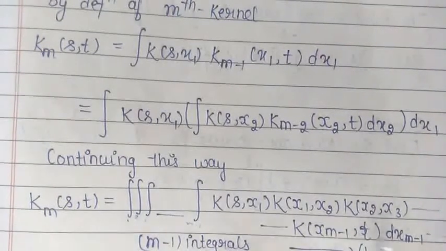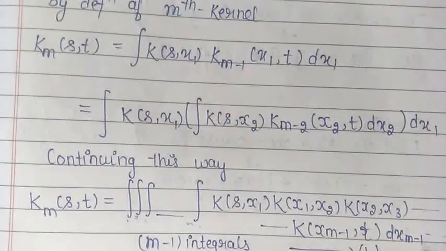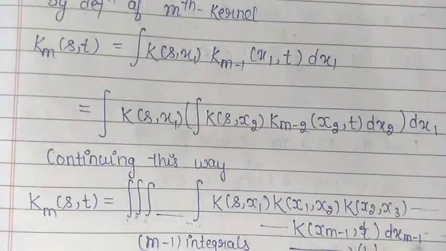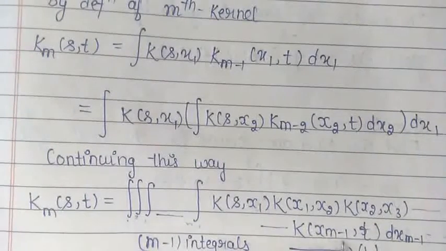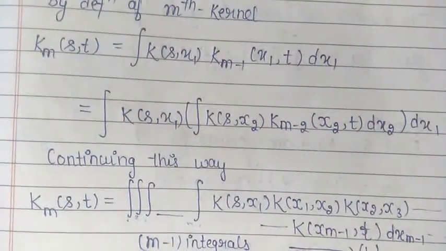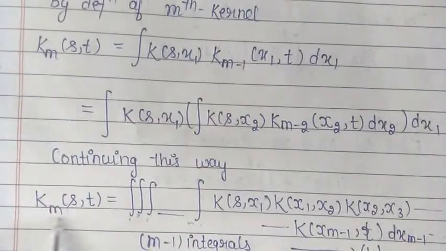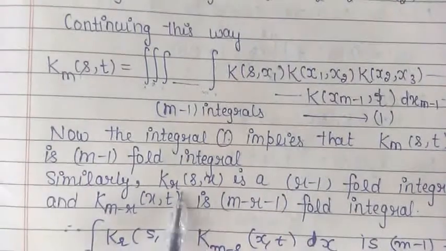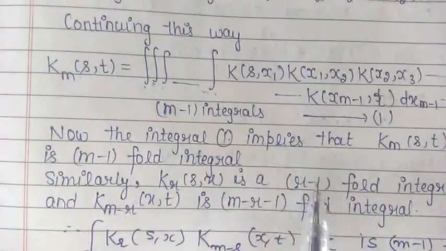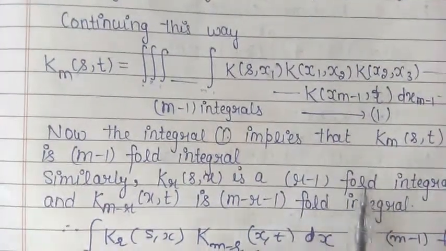These are the integrals with respect to x1, x2, x3 and x_{m-1}. So the mth iterative kernel is an (m minus 1) fold integral. In the same way, if we replace the suffix m by r, we can say that K_r(s,x) will be an (r minus 1) fold integral.